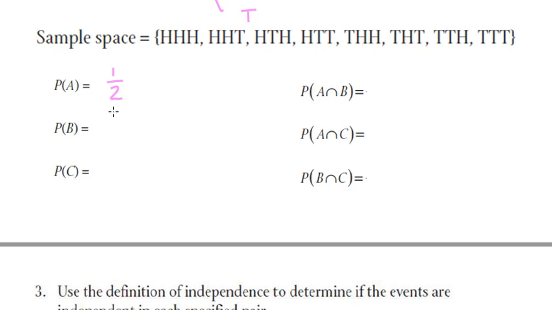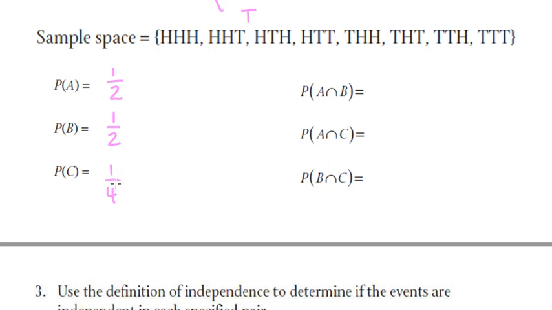So also 4 out of 8, so that's also 1/2. Then C says there are exactly 2 consecutive heads. Well, that's 3, so that doesn't count. That's 2 consecutive heads. That's 2 consecutive heads. So that's 2 out of 8, or 1/4 there. So those are the probabilities of A, B, and C.